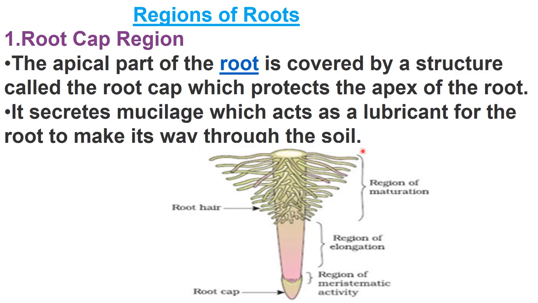Whenever the root grows through the soil, this root cap protects the root from the friction, right? That's why we can say the root cap is protecting the apex of root while growing through the soil. So this is the root cap, and this is the function of root cap.